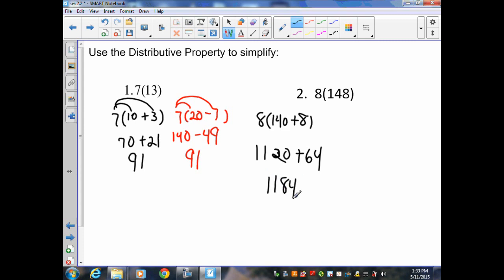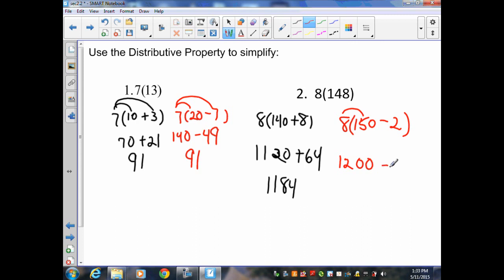Now let's do the subtraction method. I bring down the 8, and I'm going to go 150 minus 2. And notice the sum is 148, the difference is 148. So now I multiply 8 times 150, 8 times 0, 0, 8 times 5, 40, put down a 0, carry the 4, 1,200.